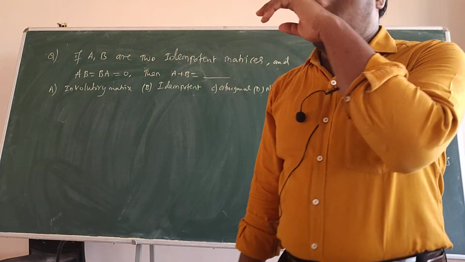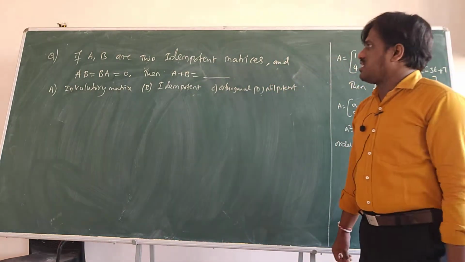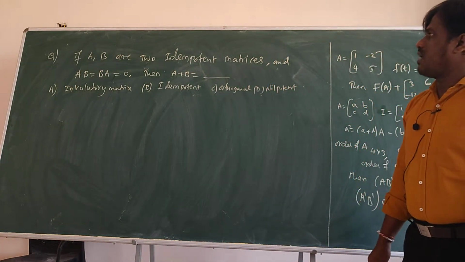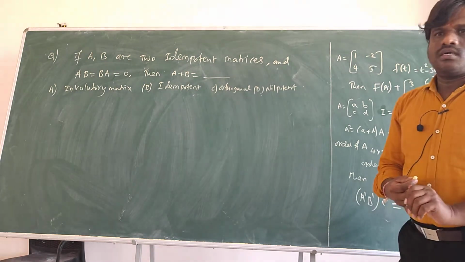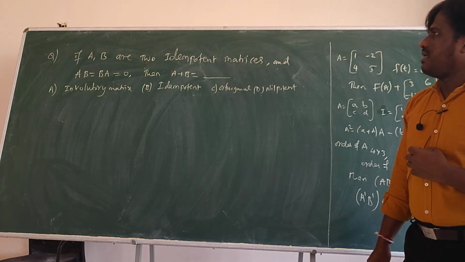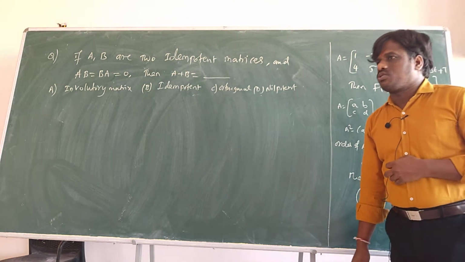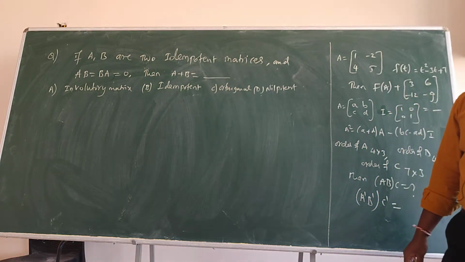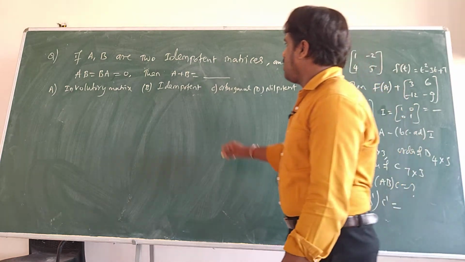Let's see this question. Here the question is: if A and B are two idempotent matrices, and AB is equal to BA is equal to 0, the products AB and BA are 0, then what is A plus B?